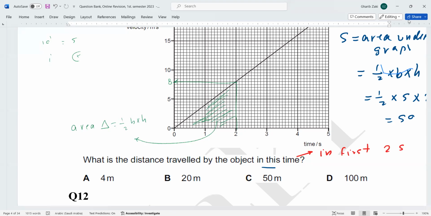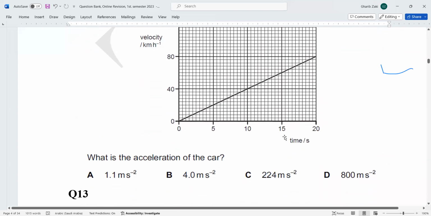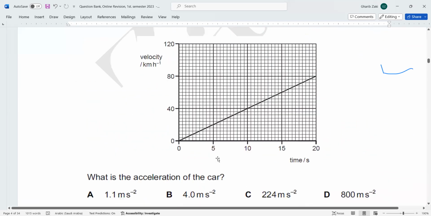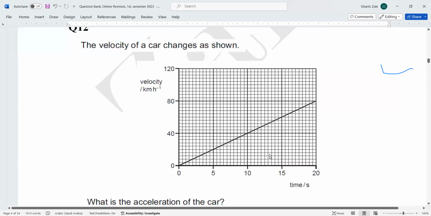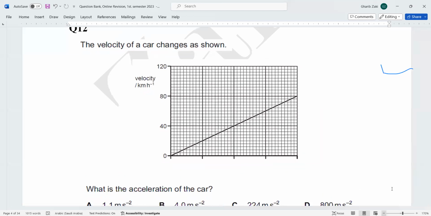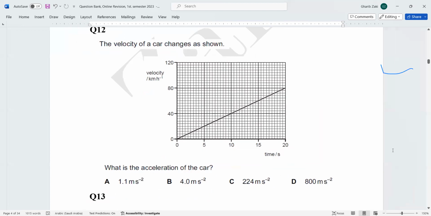Okay, next question. Question number 12. He said the velocity of the car changes as shown. What is the acceleration? In a velocity time graph, the acceleration equals the slope. Then we find the slope here. So the slope equals the vertical change, which is 80, over the horizontal change.